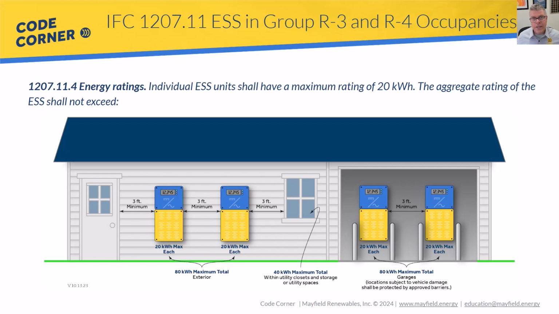All right, so here's that image I talked about where we're pulling everything together. Again, we're seeing 20 kilowatt hour units, and these are the UL 9540 listed units. Each one of those, the base language says, keep them 3 feet separated from each other, windows and doors, and then we have certain aggregated kilowatt hour limitations in these different areas.